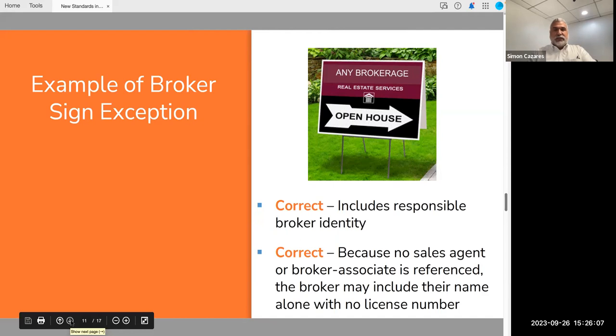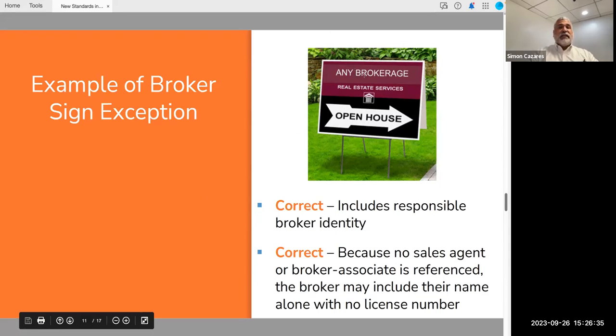So it gives you a lot of indicators that it is an open house being conducted by a licensed agent. That's correct. Yeah, this is perfectly fine.